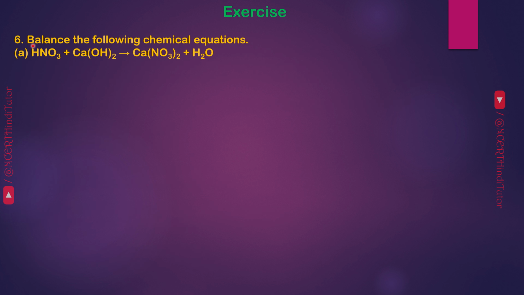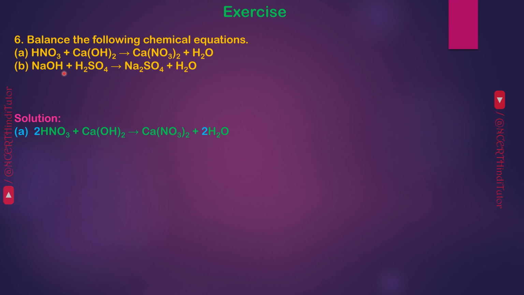Question 6. Balance the following chemical equations. A. HNO3 plus CaOH2 gives CaNO3 plus H2O. So the answer is 2HNO3 plus CaOH2 gives CaNO3 plus 2H2O. B. NaOH plus H2SO4 gives Na2SO4 plus H2O.